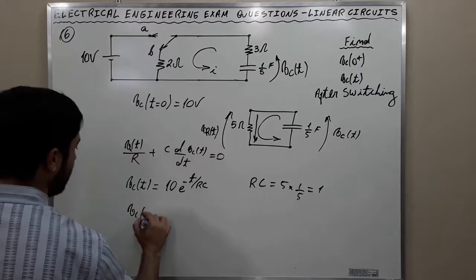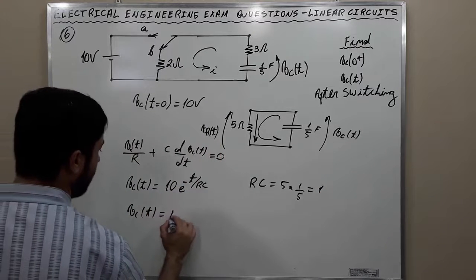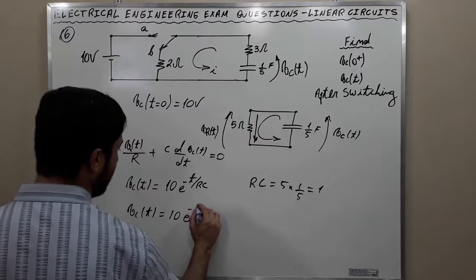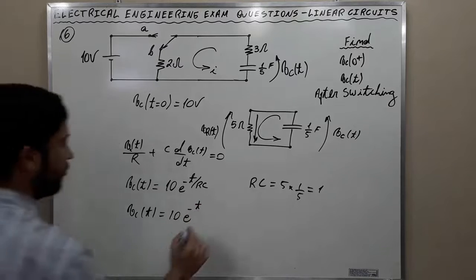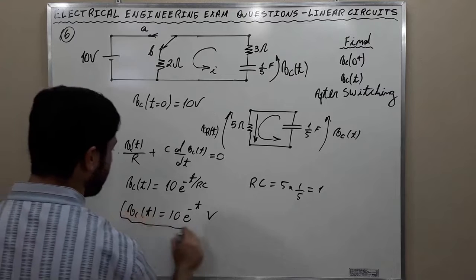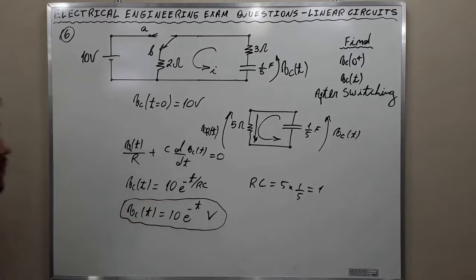Then the expression for all t of the capacitor voltage is equal to this. Alright, my friends. This is the solution of this question, question number 6.